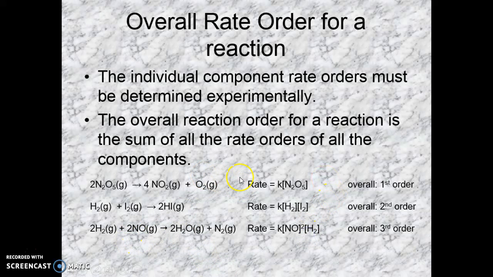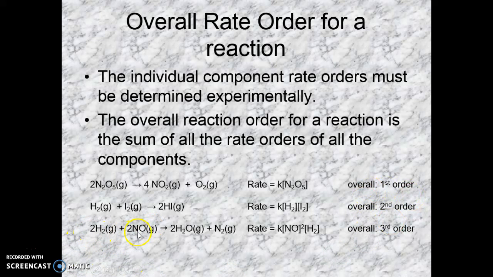So for example, for this reaction, the rate is to the first order of N2O5. Since it's the only thing that's determining the rate, the overall order is a first order. For this reaction, you've got two reactants. Each of them has a first order, so the rate is actually second order overall.